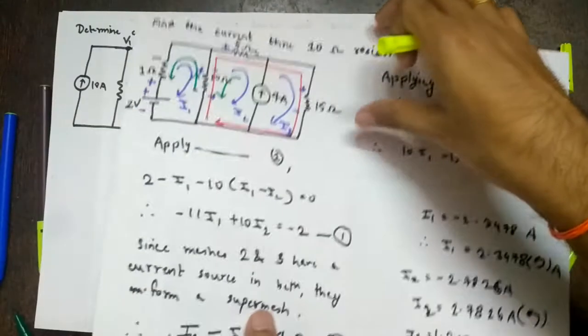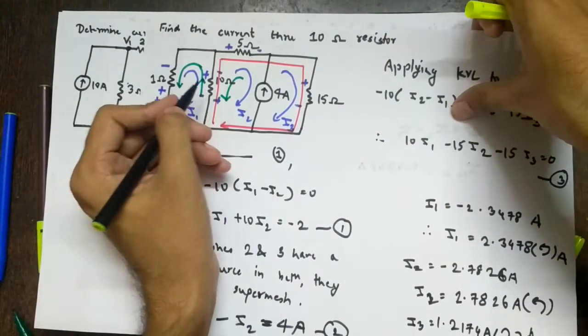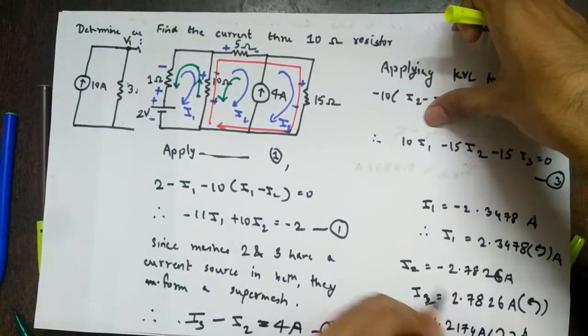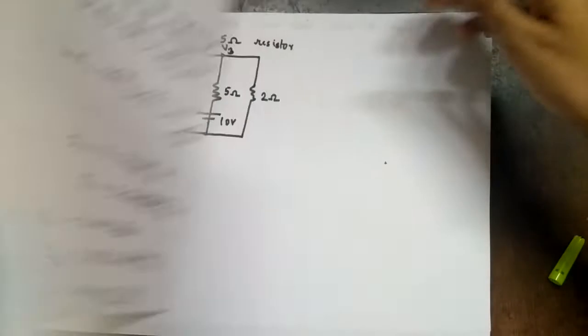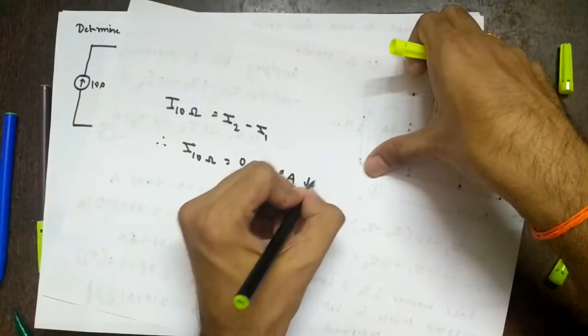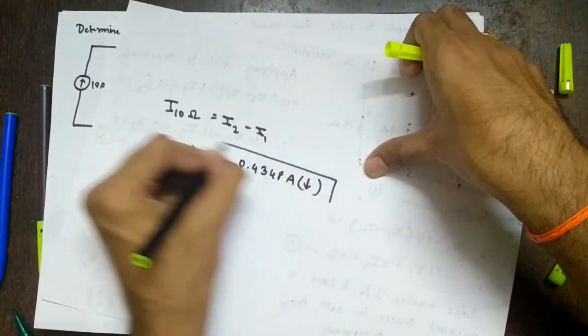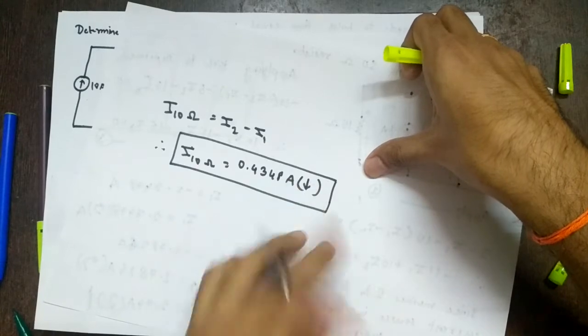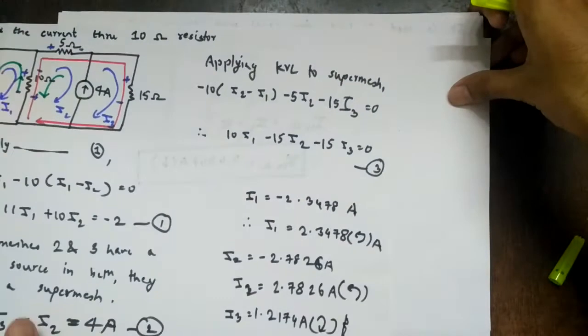And what will be the direction? It will take the direction of the higher value current. What is the higher value current? I2. I2 is flowing downwards, so it will also go downwards. So this is our final answer, and this is how we solve sums on mesh analysis. Okay.